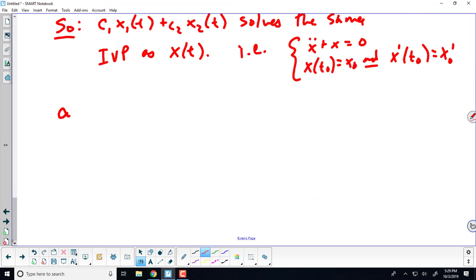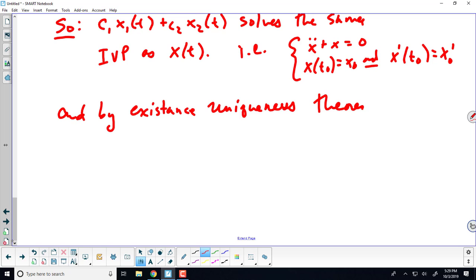And by the existence uniqueness theorem, x of t is equal to c1 x1 of t plus c2 x2 of t.